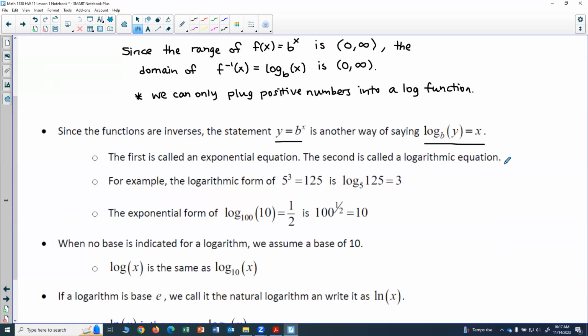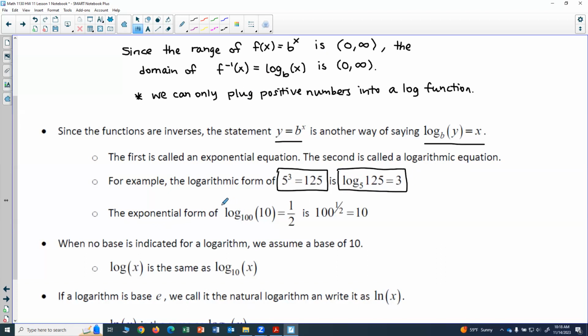So for example, if we saw the exponential form, 5 to the third power equals 125, and we wanted to put that in the log form, the base of 5 would be the base of our log, so it would be a subscript. The output, 125, would become the input of the log, and so we would have log base 5 of 125 equals 3. So the exponent becomes the output of the log equation.